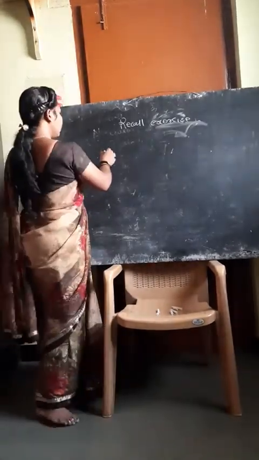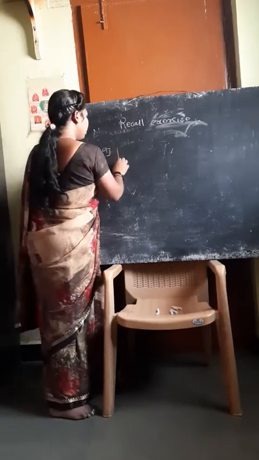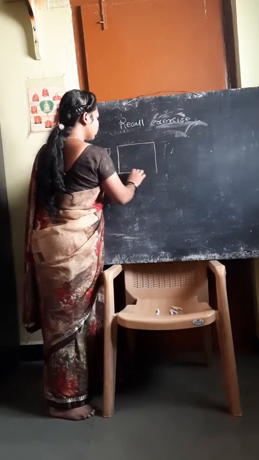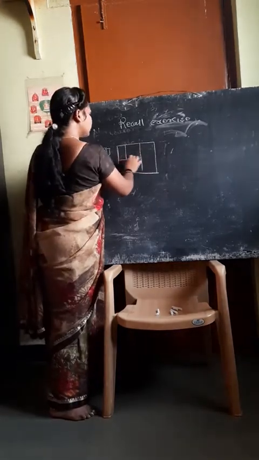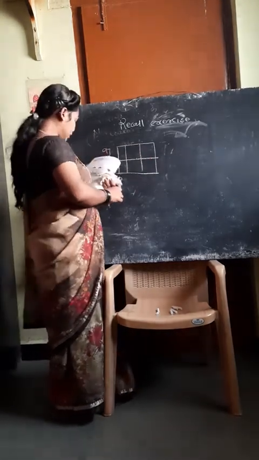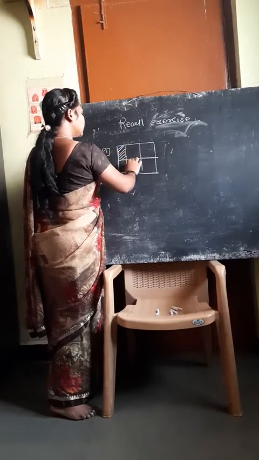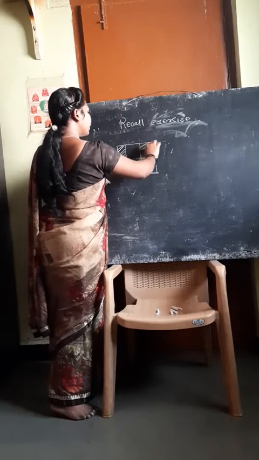We have given one example. We have a square. The square has 6 parts. Out of these 6 parts, 3 parts are shaded.